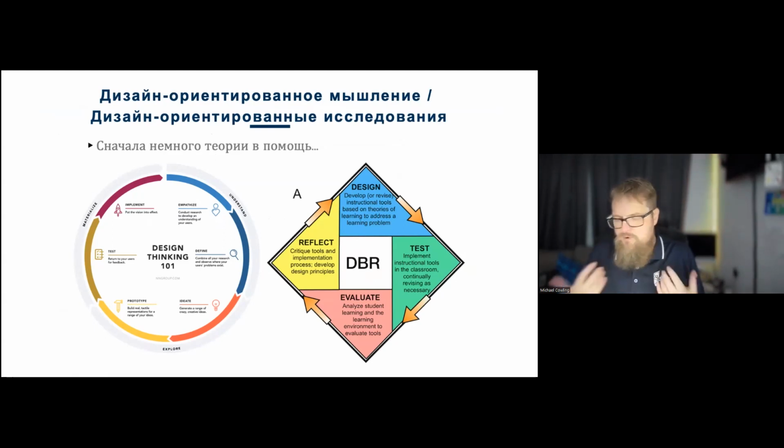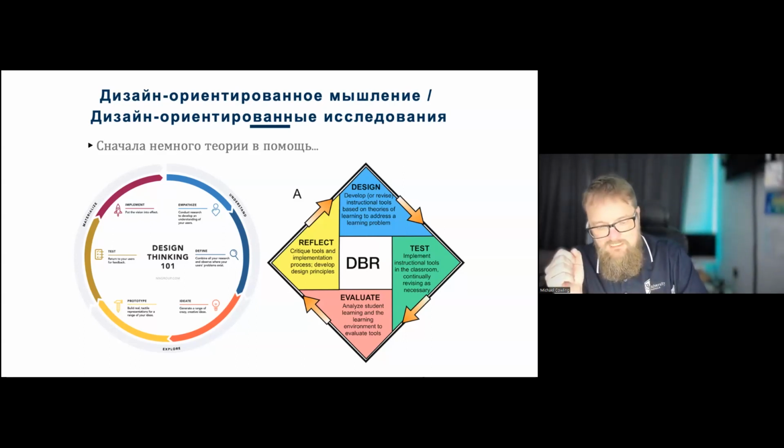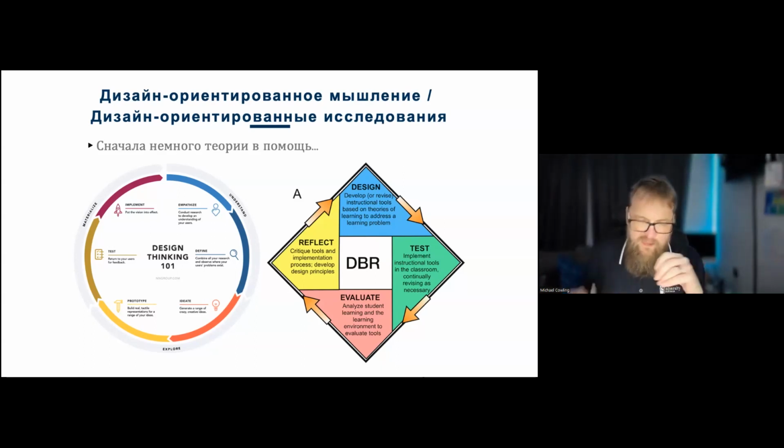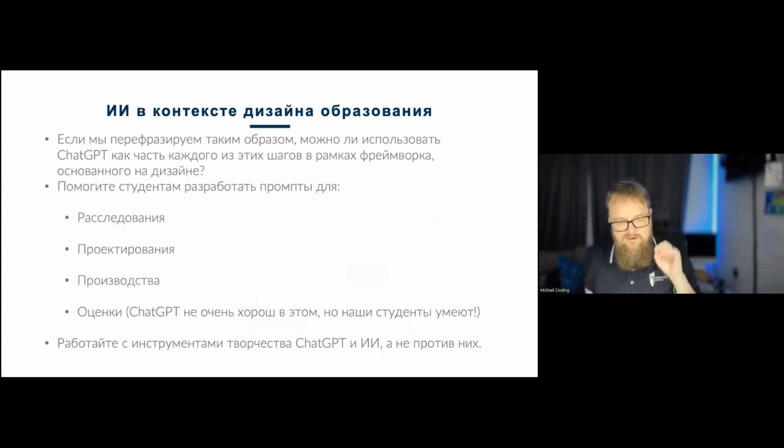And the reason I bring up this model is because it describes a way for students to design assignments, which I think is really useful for us when we start to think about tools like ChatGPT. Because ultimately, if you look at that model, there are 4 stages: investigating, designing, producing, and evaluating.